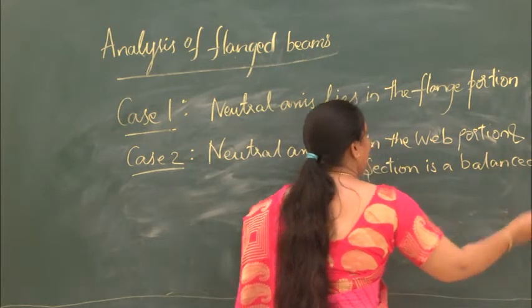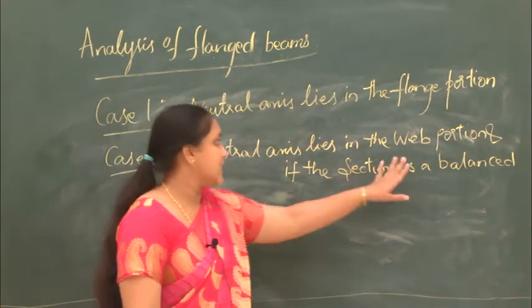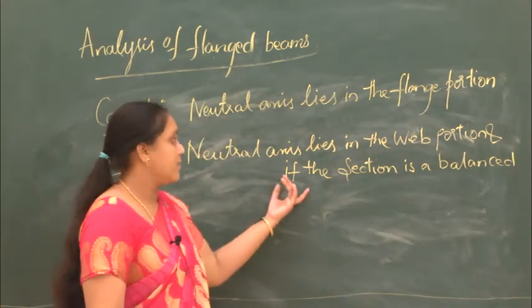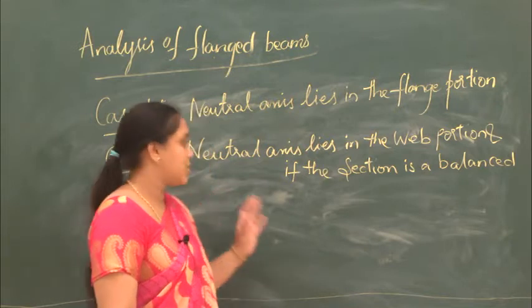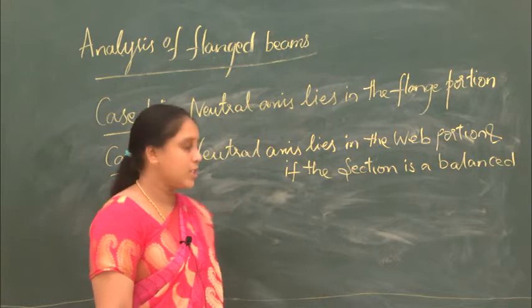If the section is what? It is a balanced section. So if the neutral axis lies in the web portion and if the section is a balanced section, then we have case 2 in the analysis of flanged beams.